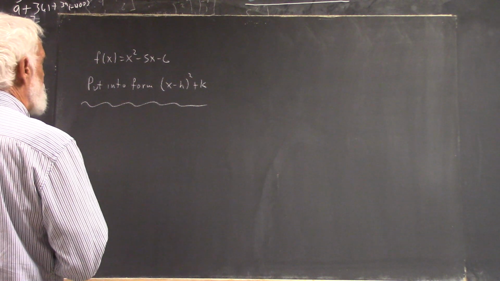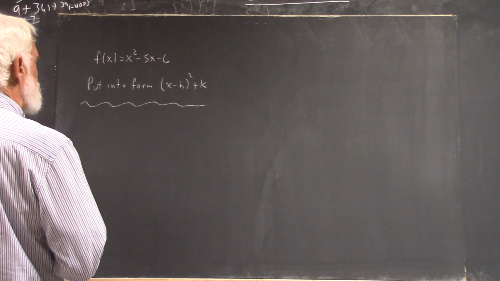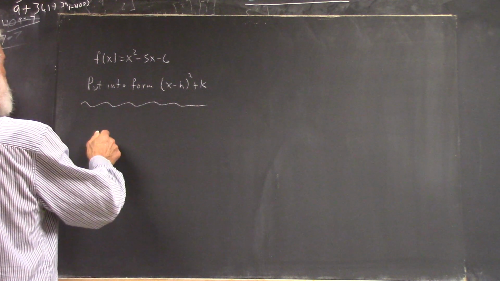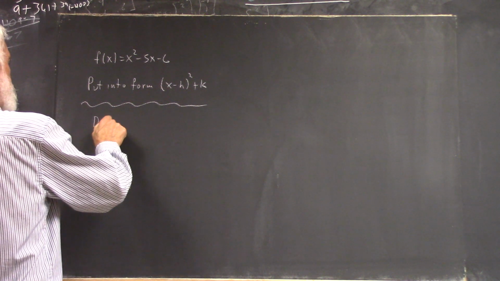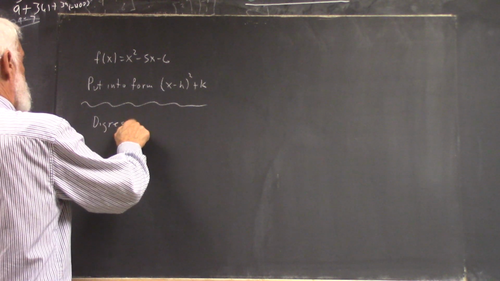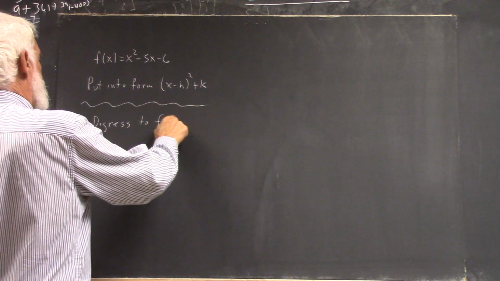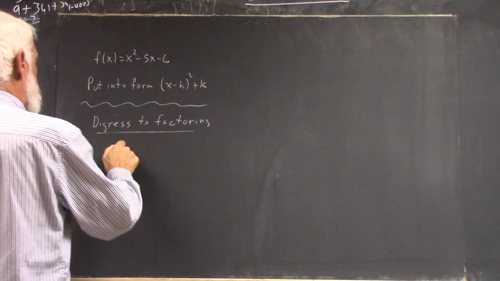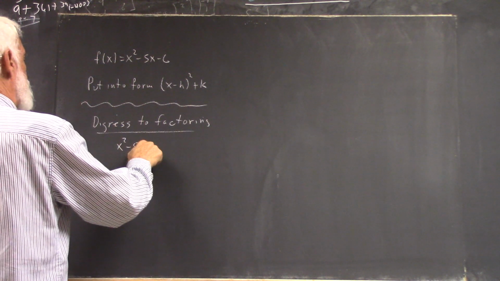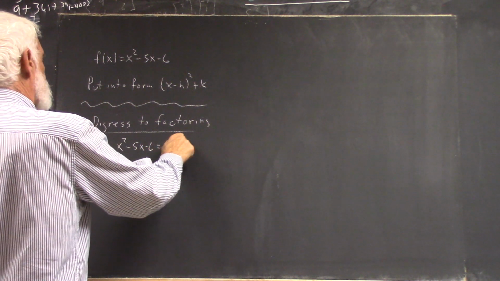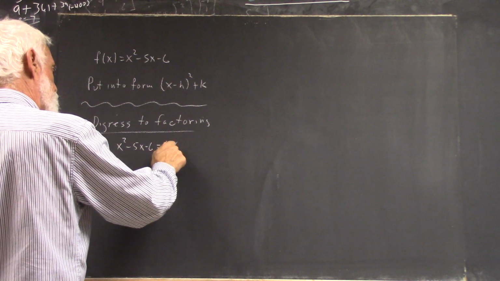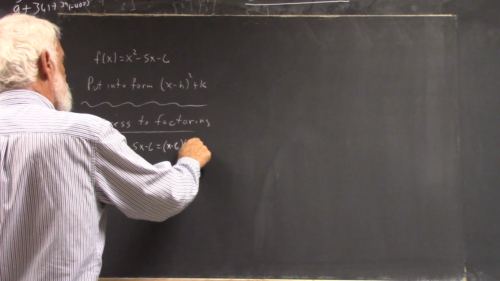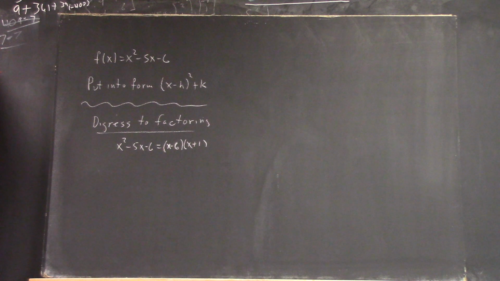Okay, first of all, we're going to digress for a minute to factoring and say that x squared minus 5x minus 6 equals x minus 6 times x plus 1, right?